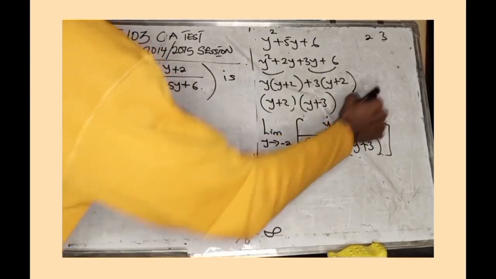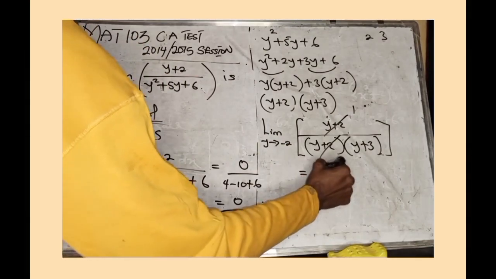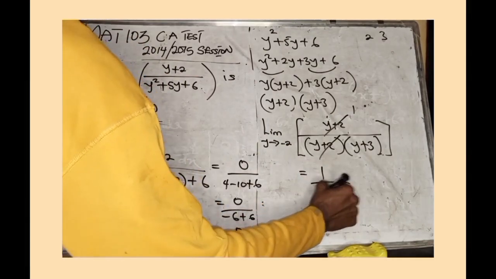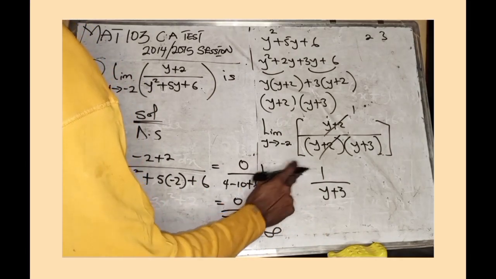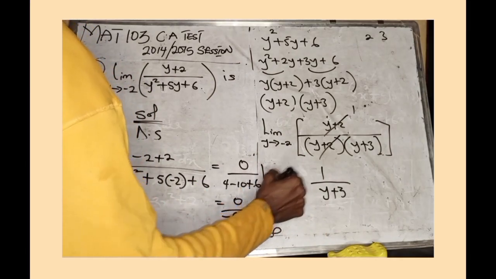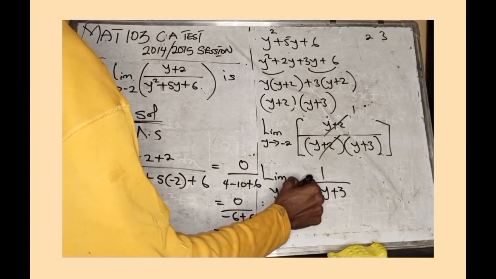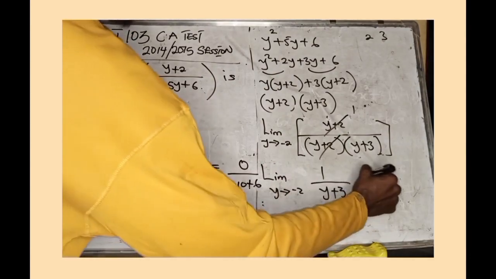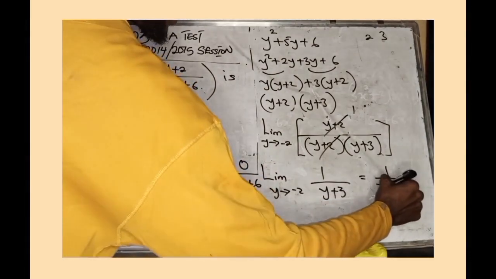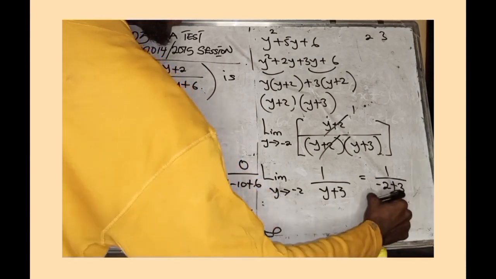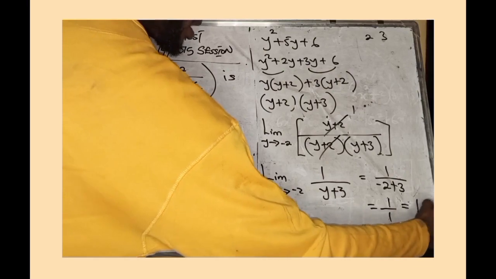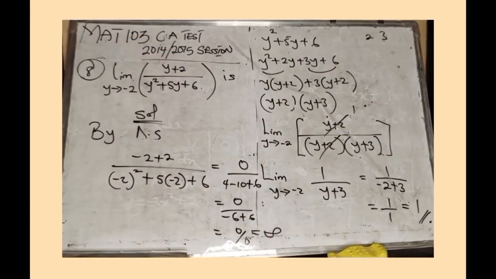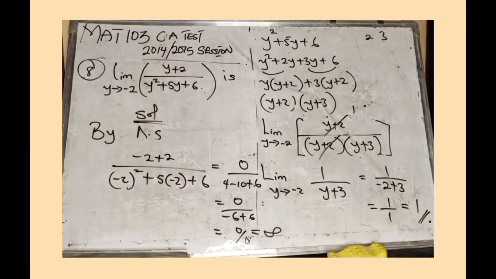I have 1 left up there, so now I should be having 1 divided by y plus 3. I'm having lim y approaches minus 2, so this would give me 1 over minus 2 plus 3, which is 1 over 1. So finally guys, my answer is 1, and that's all. So the answer to question number 8 guys is 1. Okay, good.